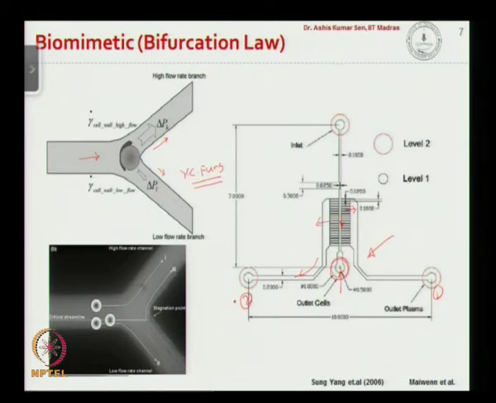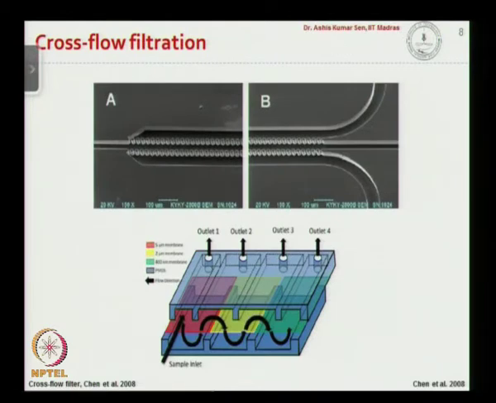Okay. So that is how you will be able to separate cells and plasma from blood using the biomimetic or bifurcation law method. Okay. So next we move on to cross flow filtration.